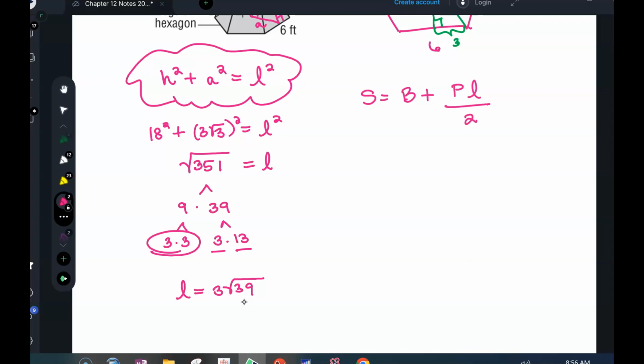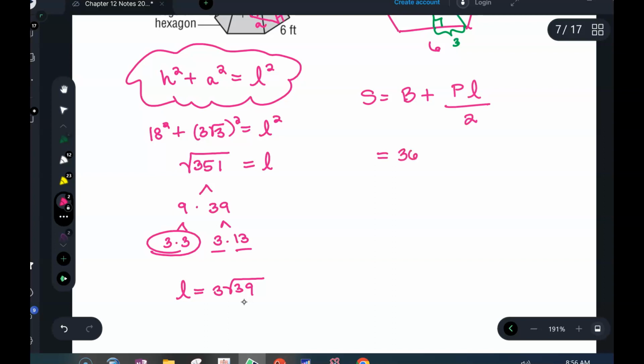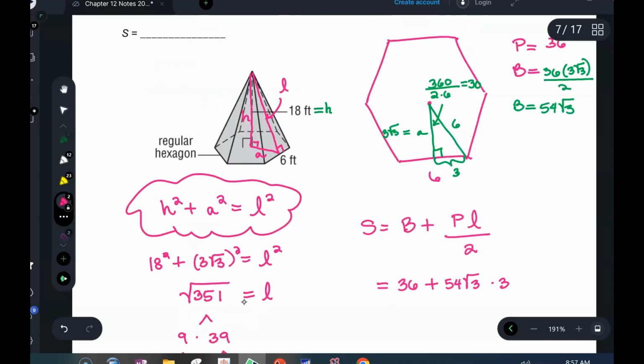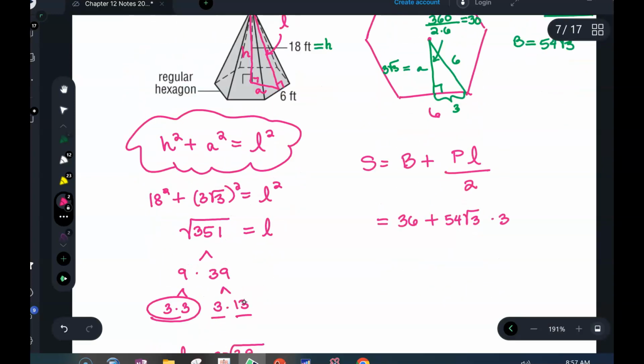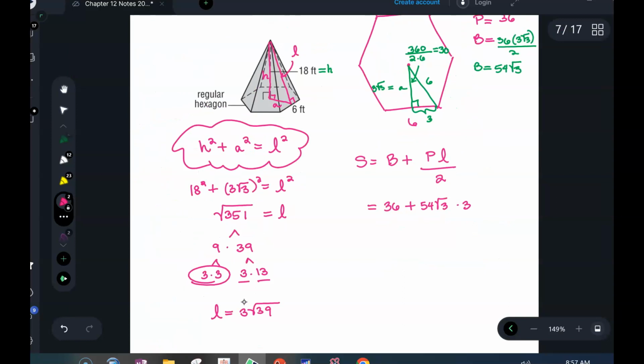36. Good. So we already found out B is 36 plus B is 54. 54 root 3 times. No, B is 36. No, I thought B was 54. Oh, yeah, you're right. I had it mixed around. Okay.